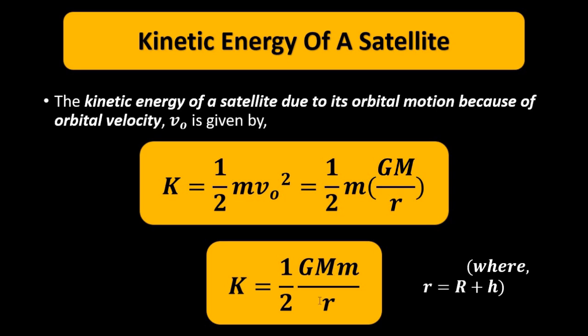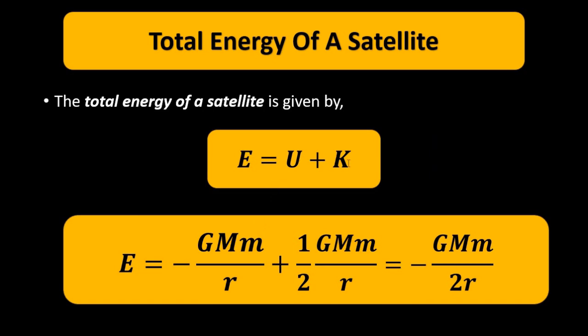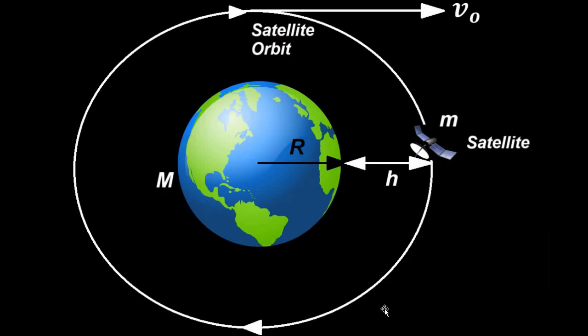Now the sum of these two energies, the potential energy and the kinetic energy of a satellite, gives us the total energy of the satellite, which is equal to minus capital G capital M small m by 2r. This energy parameter is the total energy associated with the satellite, which keeps it orbiting around the Earth in a fixed circular path.